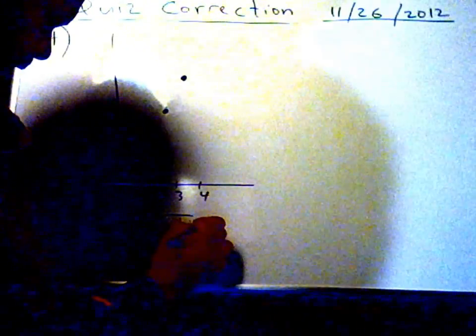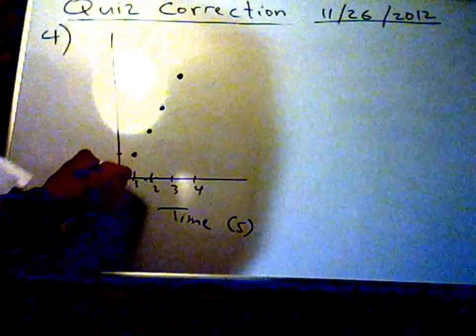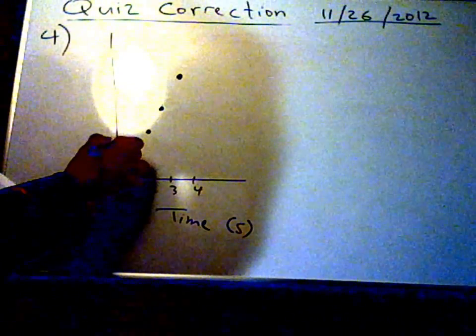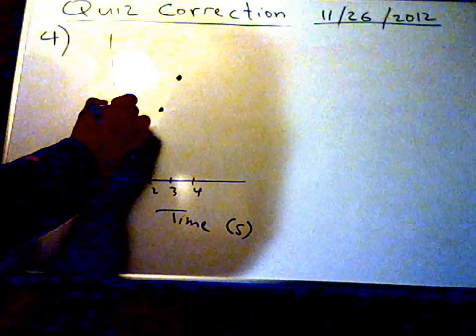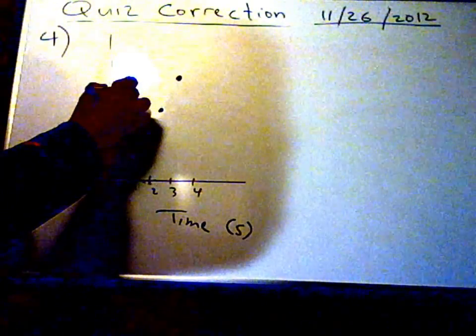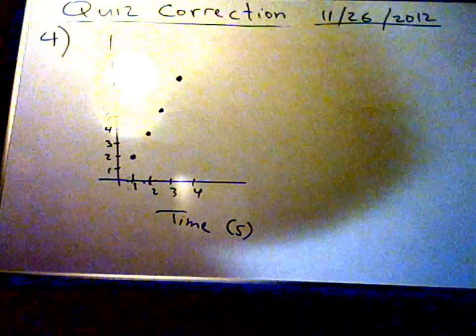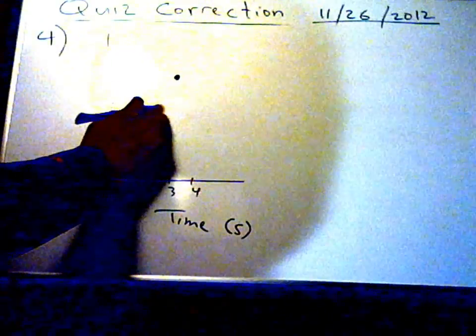This was the time in seconds. And up here you have, this is 1, this is 2, 3, 4, 5, 6, 7, 8. Okay, I'm drawing the best even scale that I can. It's not perfect, but you have a ruler.